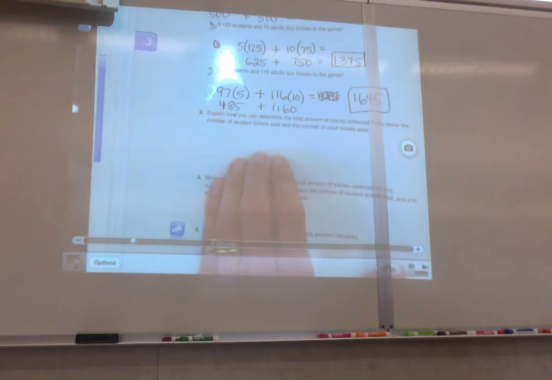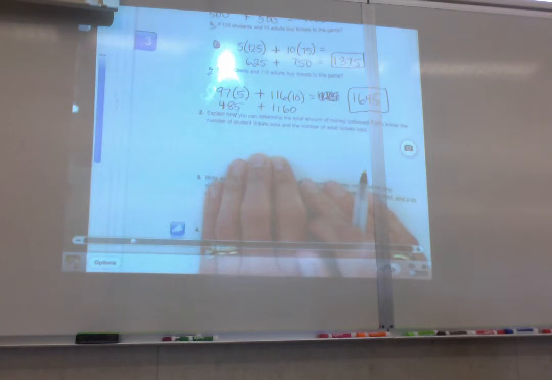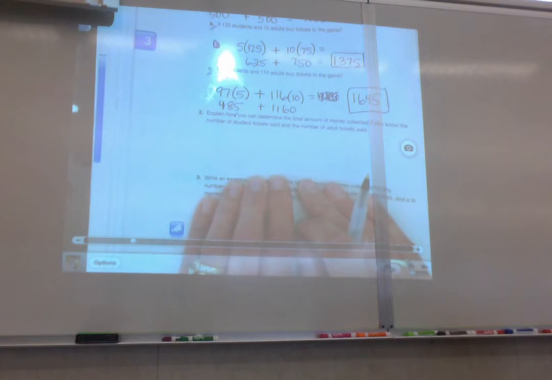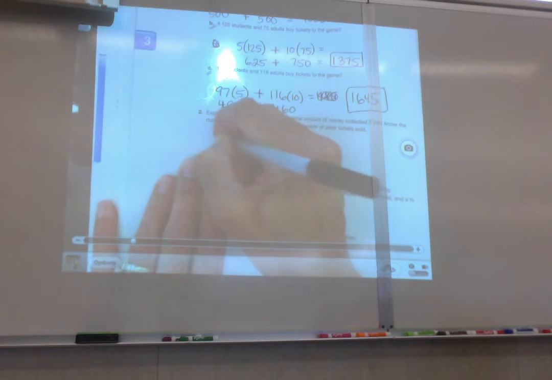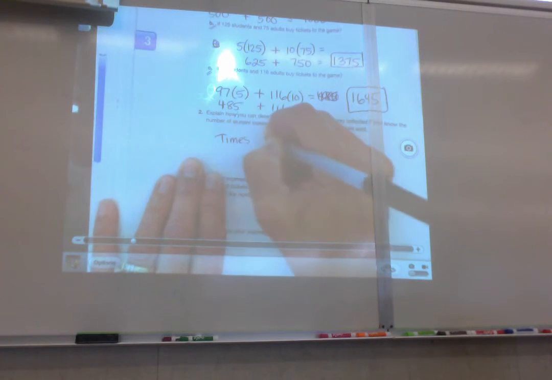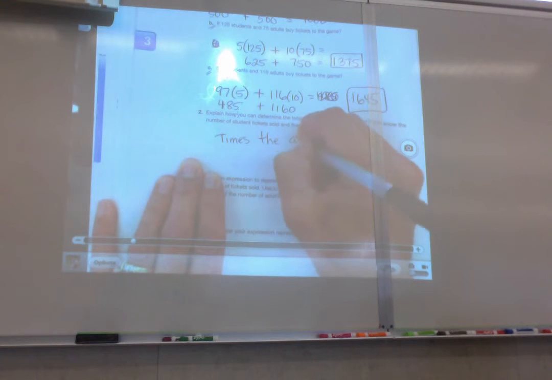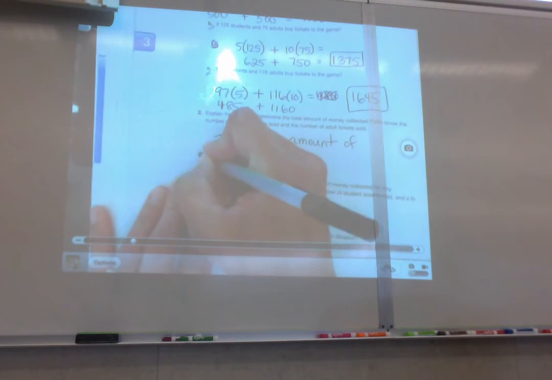Okay. Number 2. You had to explain in writing. How did we do this? Yes, Andy. You times the amount of tickets bought by either students or the parent by 5 or 10, depending on the kids or the students who bought them.